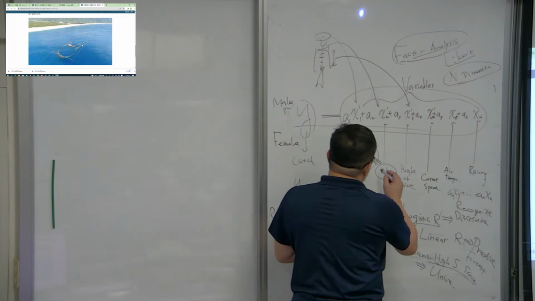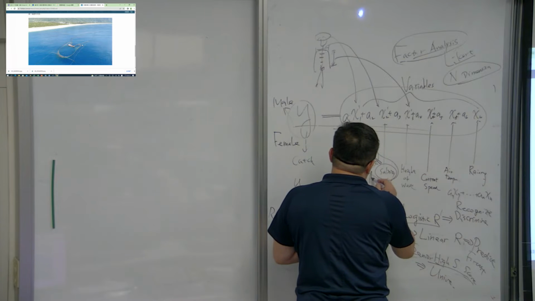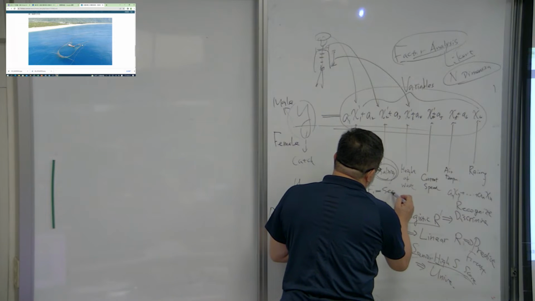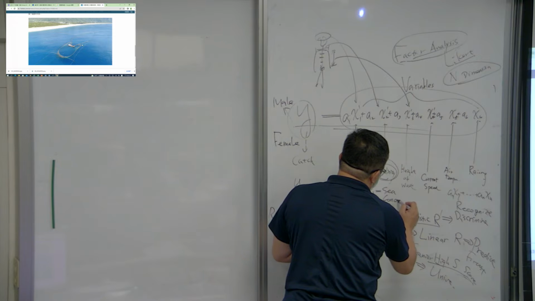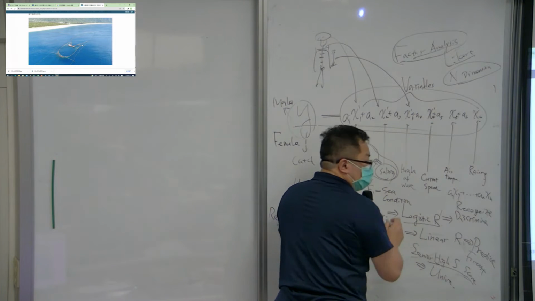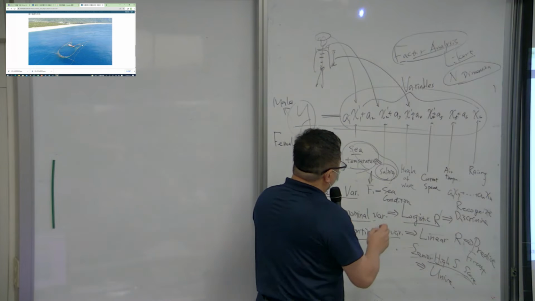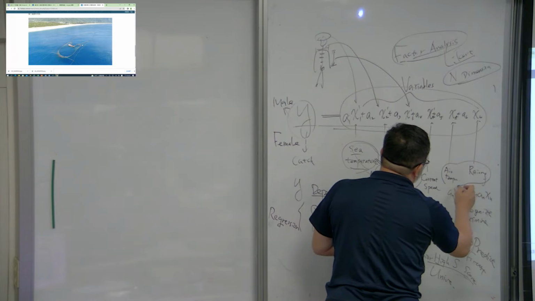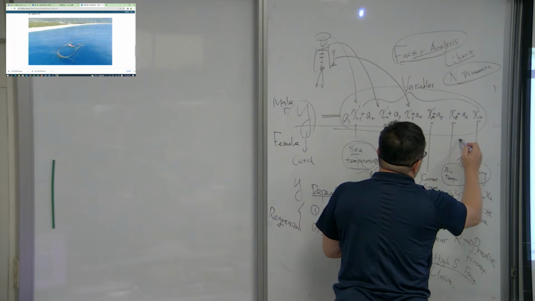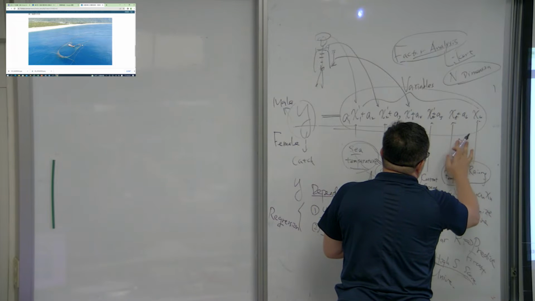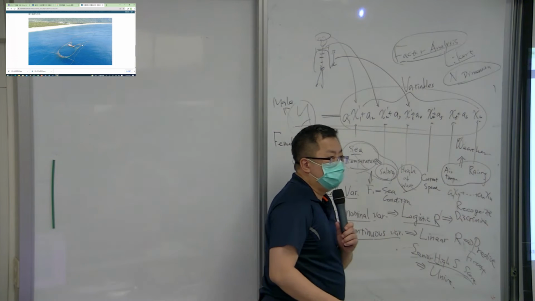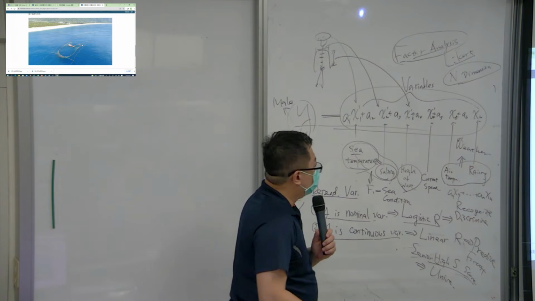Maybe we can compose them together to be a factor. And this factor, we call sea condition. Or maybe air temperature and raining, we can compose together to be the weather condition. This is factor 2.